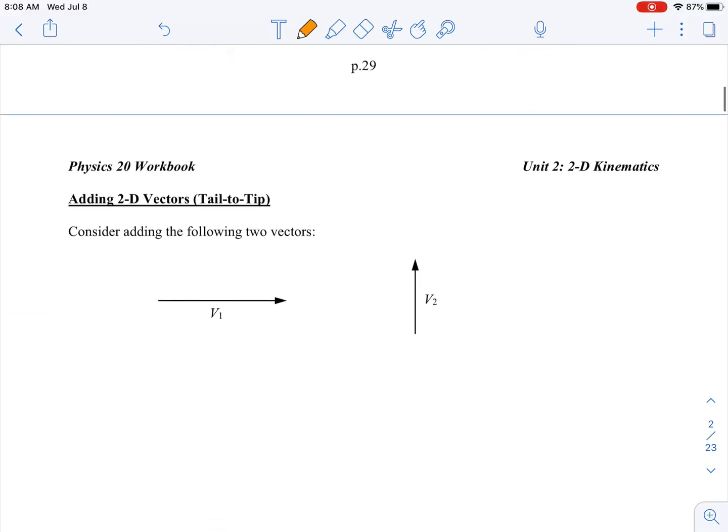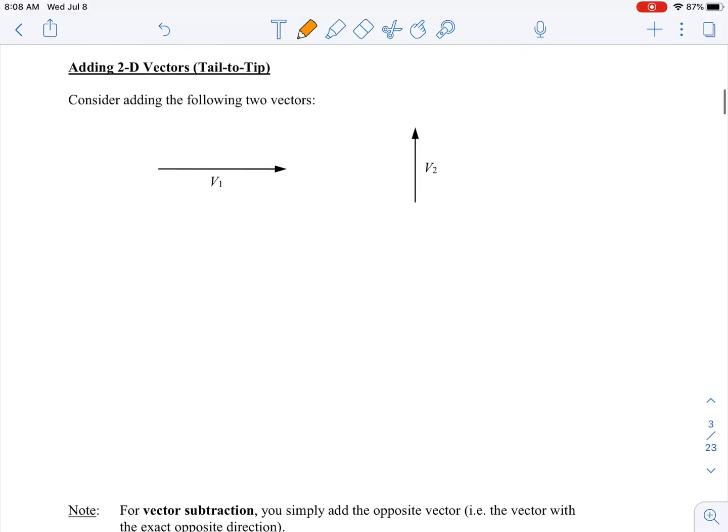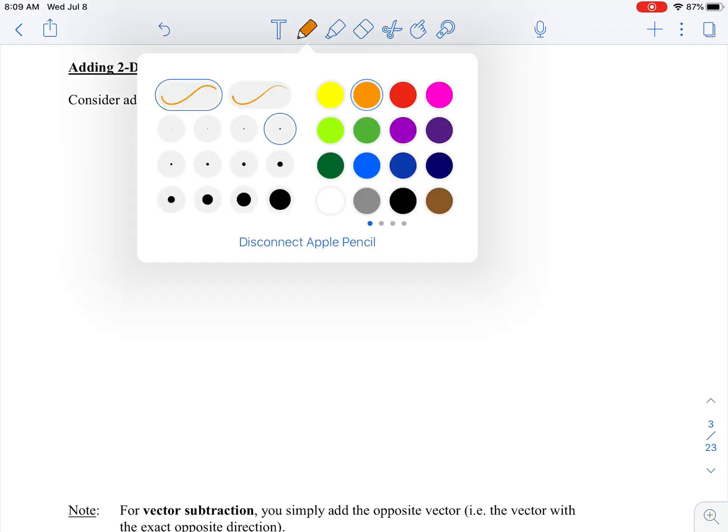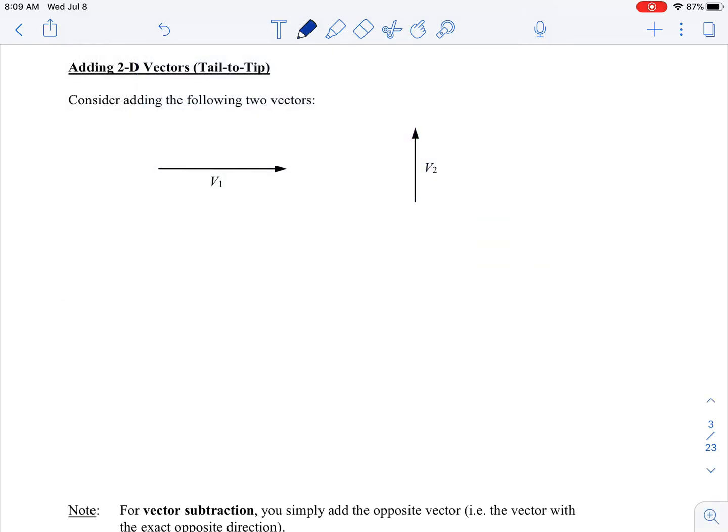All right, now it's time to do some addition. So when you add in two dimensions, it looks a little different than what we've been doing up till now. Imagine you have these two vectors here at 90 degrees to each other, and we want to add them together. Well, here's what it would look like. So we'll start with V1. You'll see how V1 is going this way, so I'll just label that as V1.